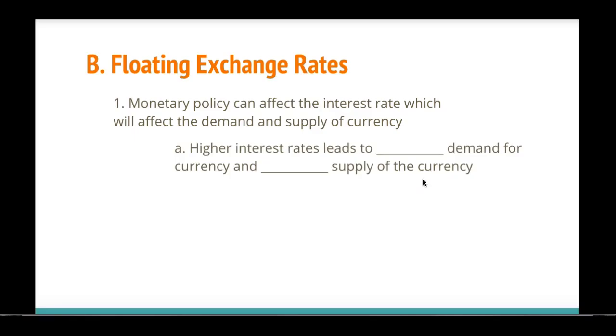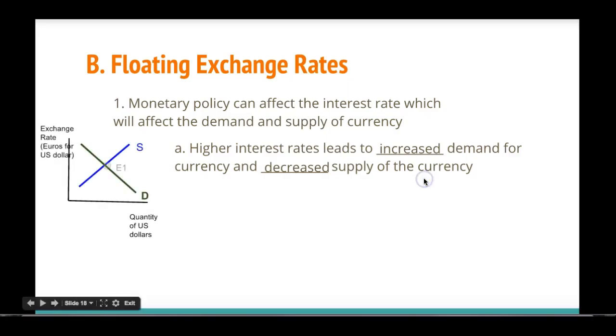Because when you have higher interest rates, what happens to the demand for that currency? Higher interest rates lead to an increased demand for currency, and higher interest rates will lead to a decreased supply of the currency, because they don't need to exchange the currency for other currencies that have higher interest rates.